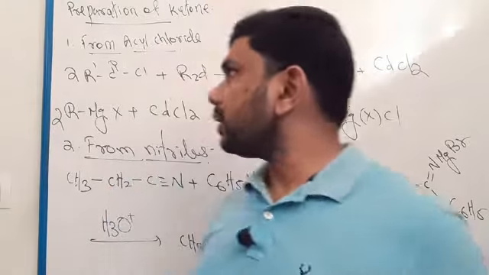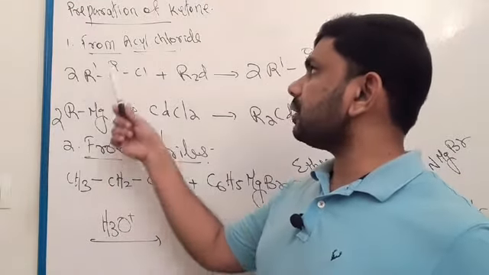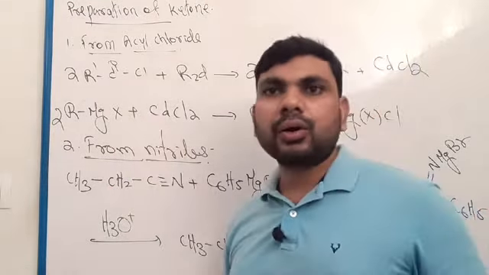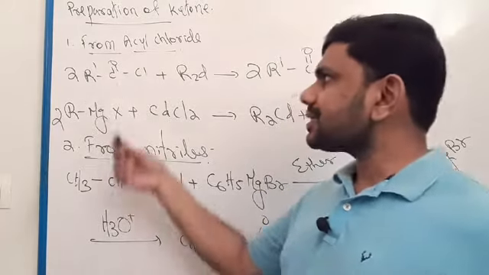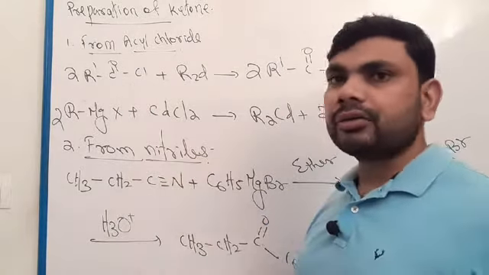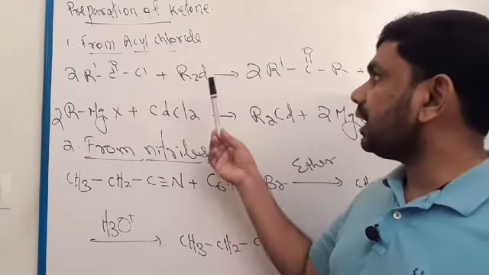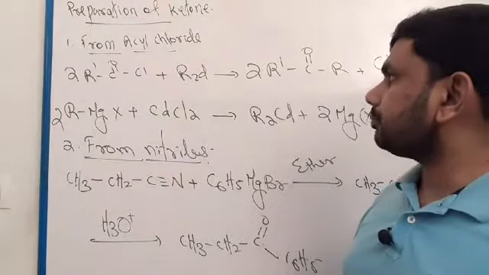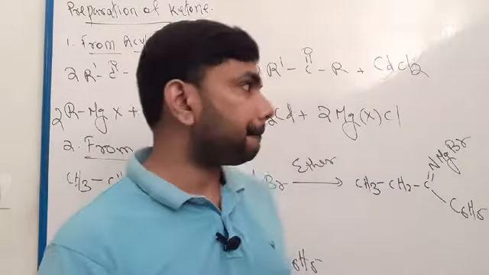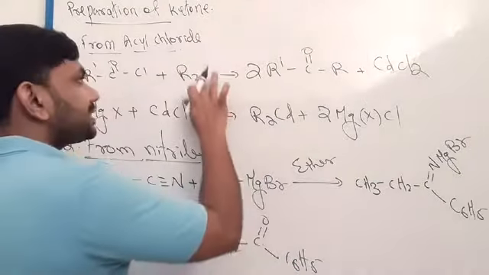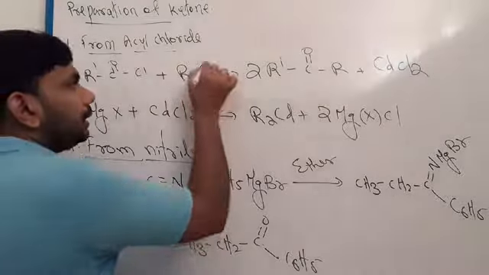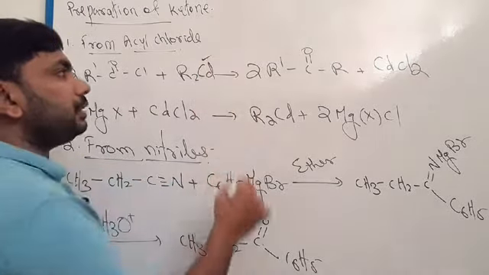So here, preparation of ketone, first one from acyl chloride or acid chloride. Acid chloride or acyl chloride reacted with dialkyl cadmium. Here it is Cd, cadmium.